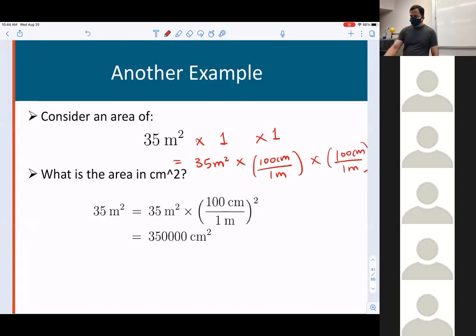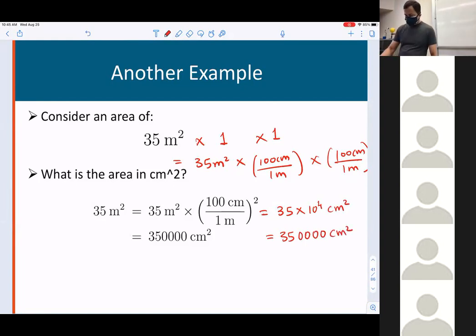So now you see that there is a meter squared here, and then this meter times this meter is also a meter squared, and then this centimeter times the centimeter is centimeter squared. These two things together is this 100 centimeters over 1, the whole thing squared. And so this, in the end, becomes 35 times 100 squared. That's basically 10,000, 10 to the 4. And then you will end up with centimeter squared. And so that is 35, 1, 2, 3, 4 zeros, centimeters squared.